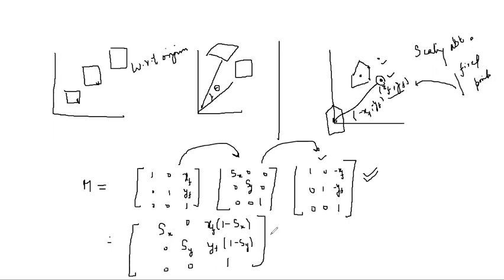So this matrix is the resultant matrix when we are scaling an object with respect to a certain point. This point will be called a fixed point about which the scaling takes place.